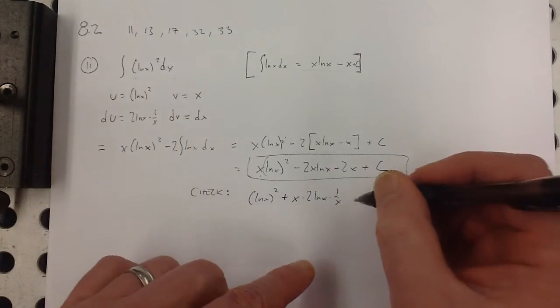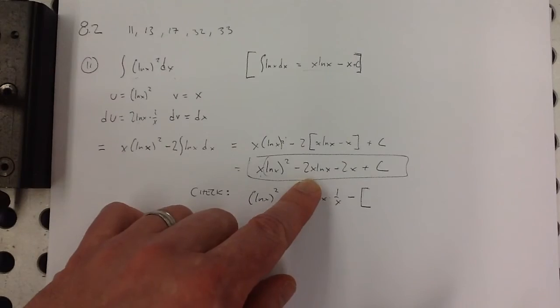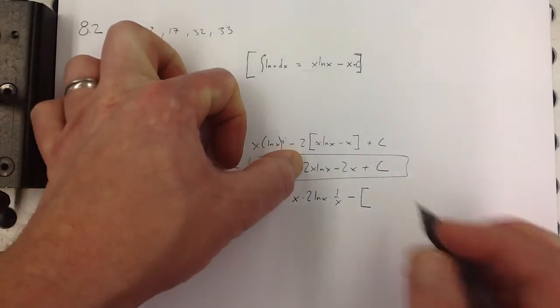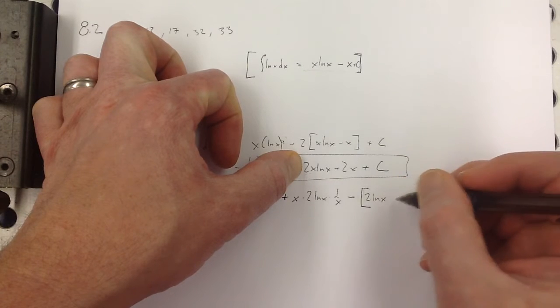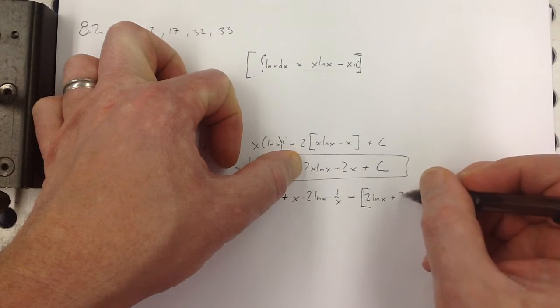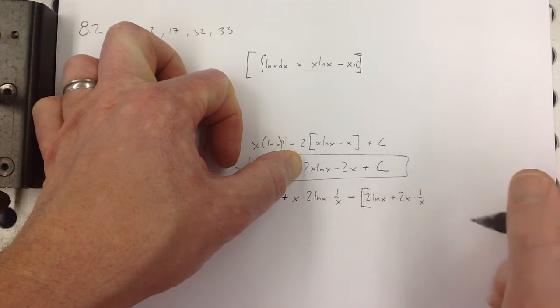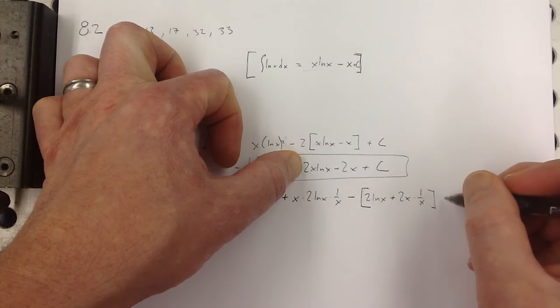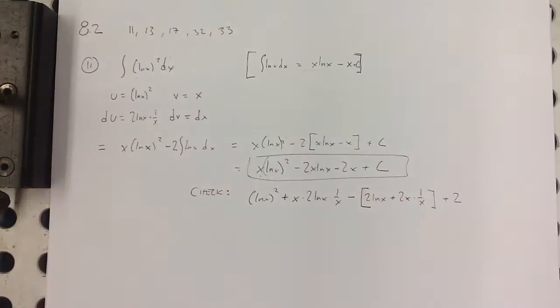Minus, I'm going to have to do the product rule again on this. I'll let 2x be my first. So the derivative of the first times the second plus the first times the derivative of the second, and the derivative of 2x is just 2, and the derivative of c is 0.